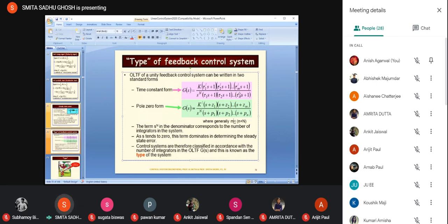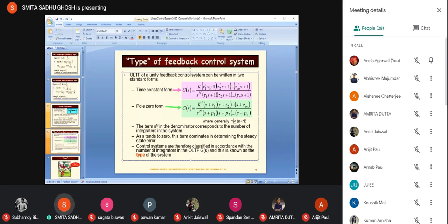There are a small n number of other poles present. So the numerator order should be lesser than or equal to the denominator order for all physical systems, right? You would be familiar with that from your knowledge of signals and systems. Otherwise, it is not a physically realizable system, or a practical system. That is something to be kept in mind.